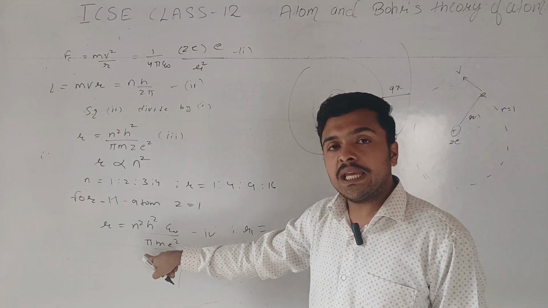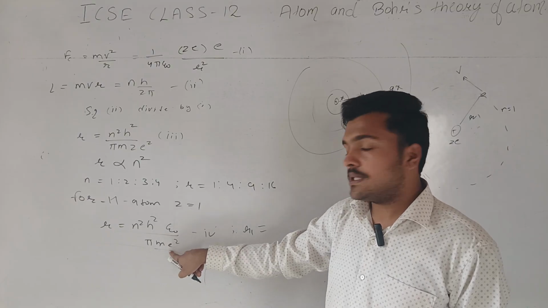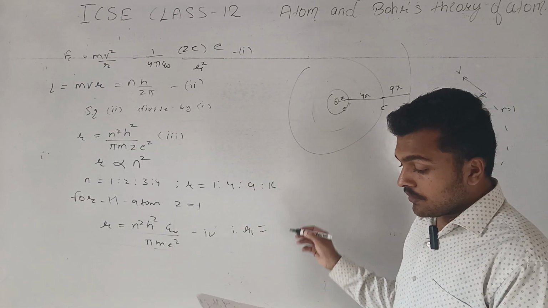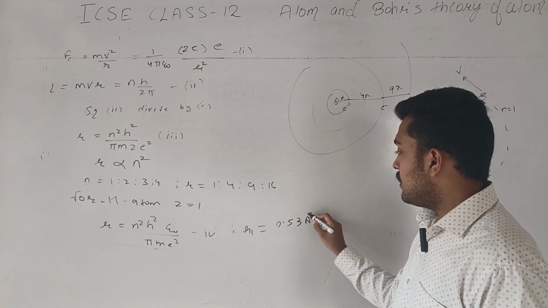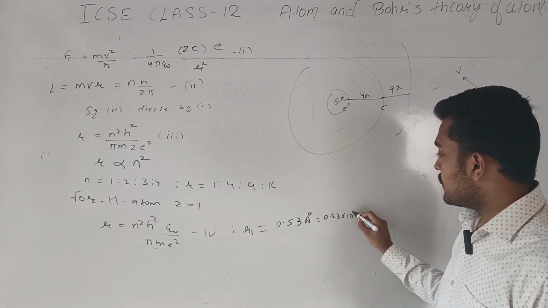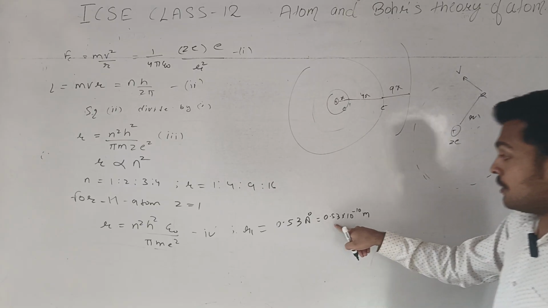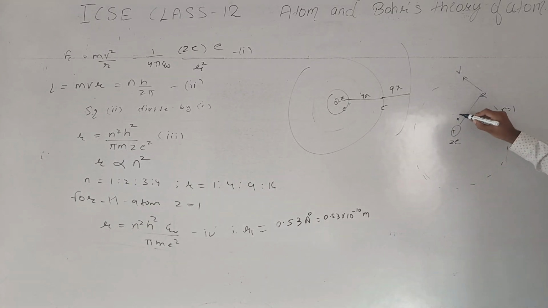We will put the value of pi, the mass of electron, and the charge, everything we know. So when we substitute all the values, we find it is equal to 0.53 angstrom, or 0.53 into 10 raised to power minus 10 meter.